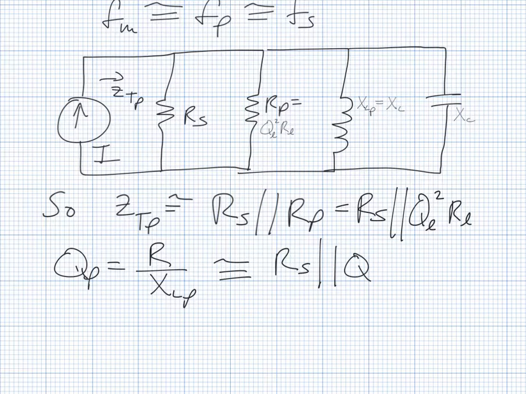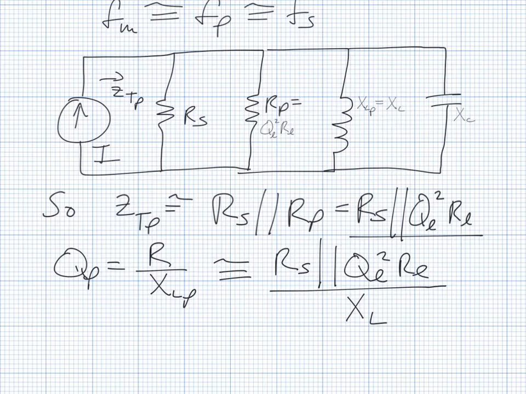We've got QL squared RL. So we're using what we just defined here for our total impedance to solve for the quality factor of the parallel circuit. This is just the reactance of the inductor there.